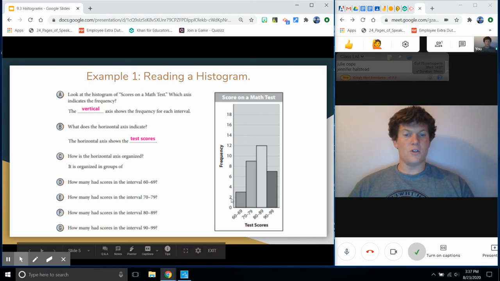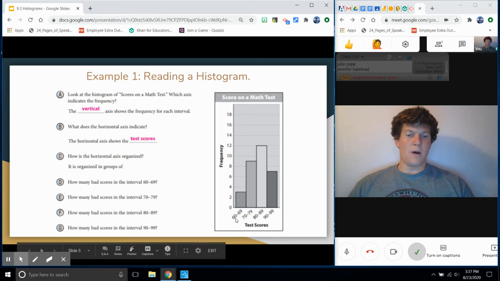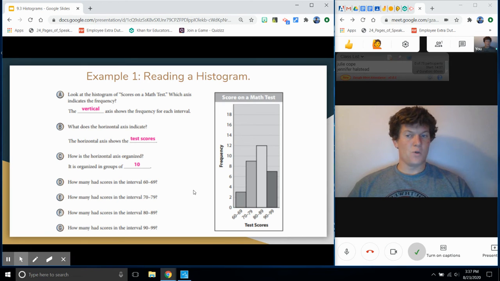Because of that, the teacher set it up counting by tens, or counting by grade level, A's, B's, C's, and D's. On the bottom there, that tells you what our groups are organized by, which are by groups of 10. So there's our answer for part C.